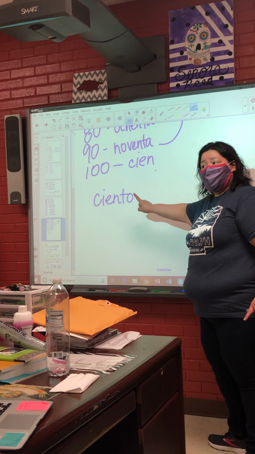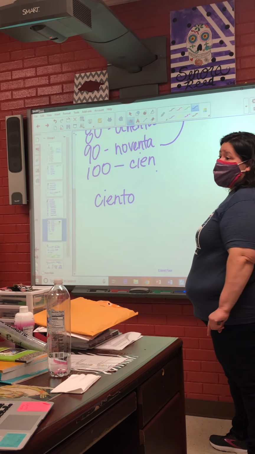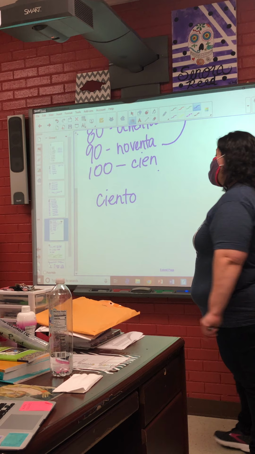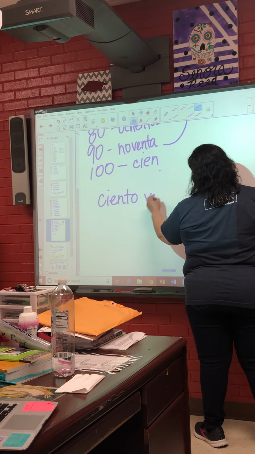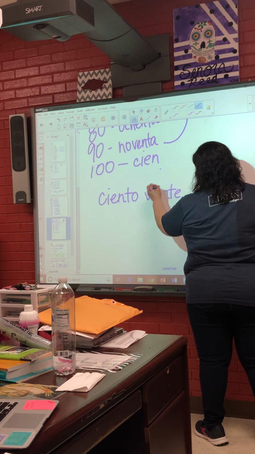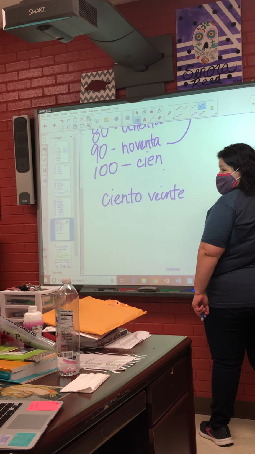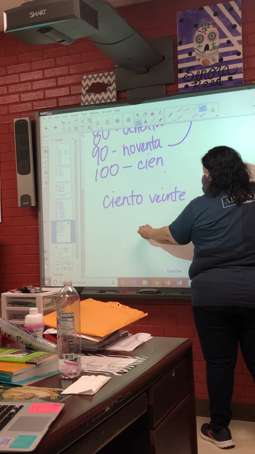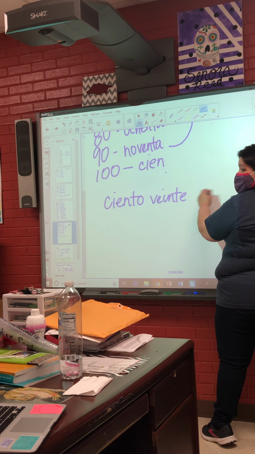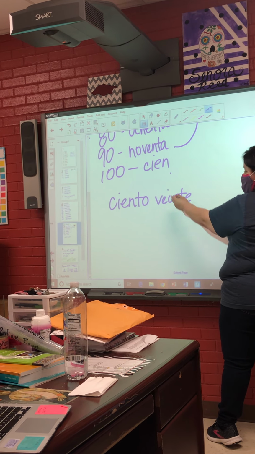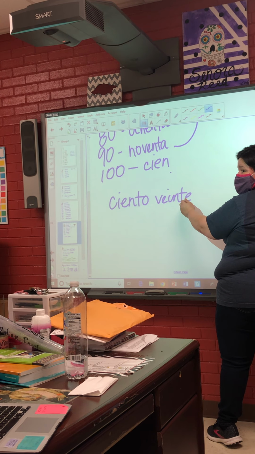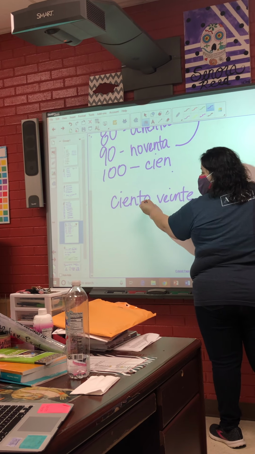So I'm gonna say ciento, and then what's 20? Veinte. Ciento veinte. 120. Is there any y? Because the ones are over here. The only time you say y uno, y dos is when you're doing the ones and the tens. We don't put it here.